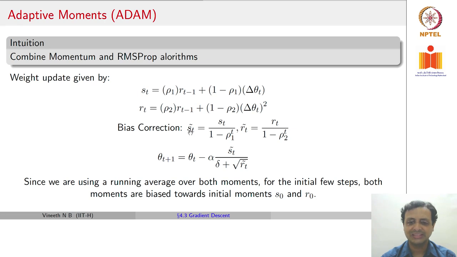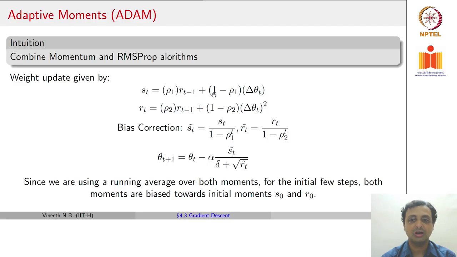Now coming to why is this tilde here, why not just ST and RT, is for a very simple reason of doing what is known as bias correction in the initial iterations. In the initial iterations, if rho 1 is set to a high value, which is what is typically done, rho 1 just like momentum could be set to something like 0.9. In your initial step, RT minus 1 would be initialized to 0.